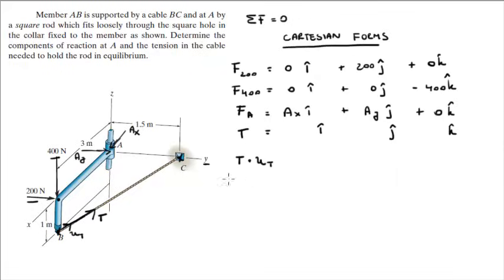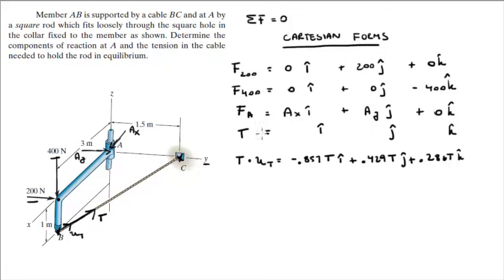Back to page 1. So what is the Cartesian vector form of T? It's basically the magnitude of T times each of the unit vectors, which looks something like this. Remember, our unit vector was negative 0.857 in the i, times the magnitude of T, plus 0.429 times T in the j, plus 0.286 times T in the k.